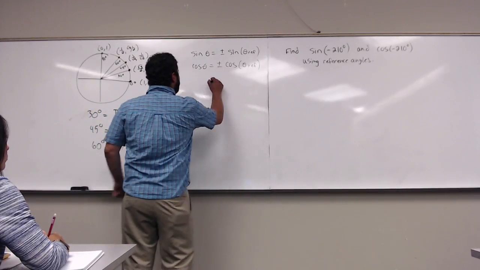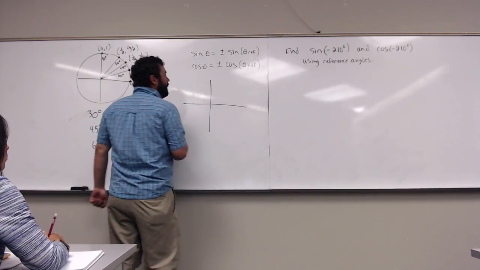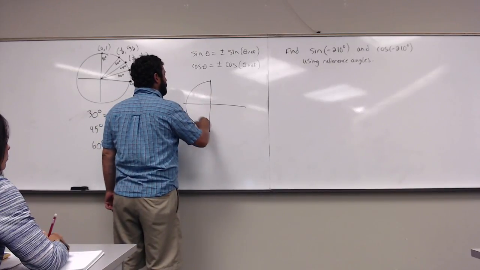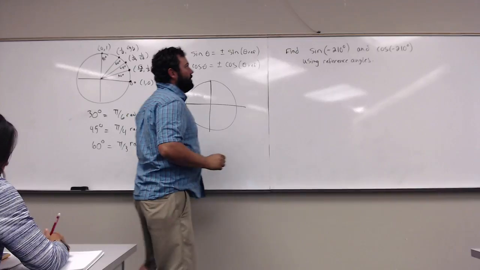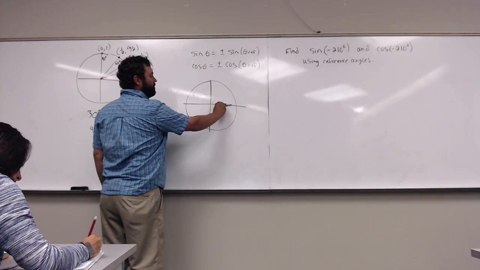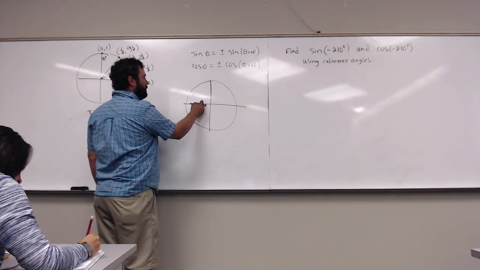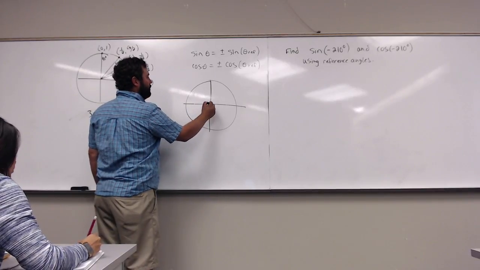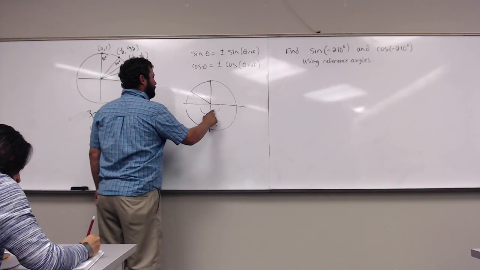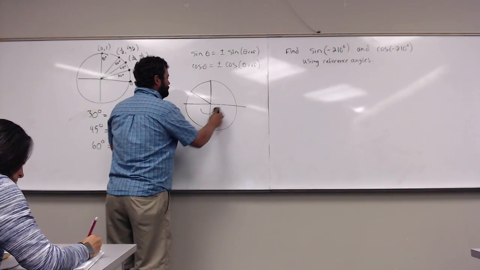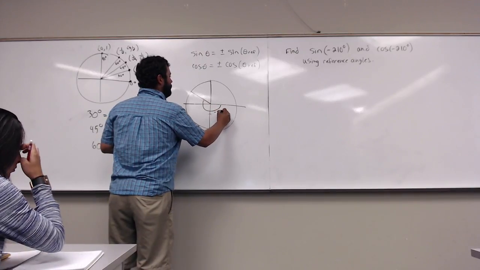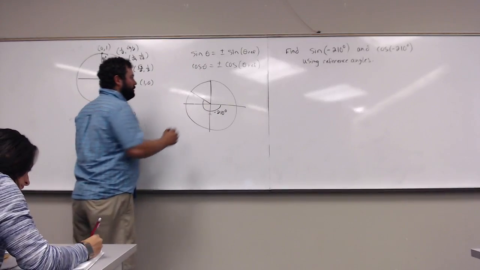So first of all, you might want to draw a picture of the unit circle. Negative 210 degrees, well, I can start at the positive x-axis and go minus 180. And if I go an extra 30 degrees, this is going to represent my minus 210 degree angle.